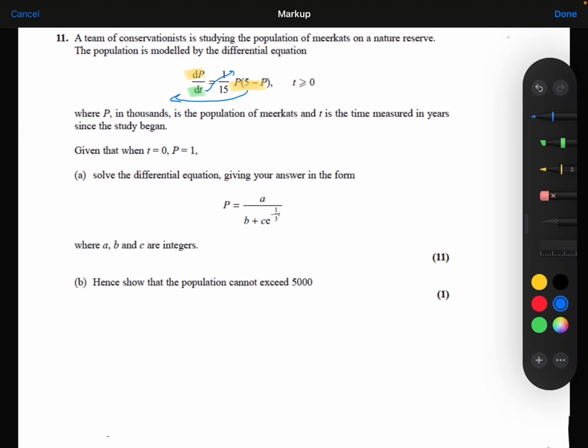The 1 over 15, I'm going to leave that where it is for now. So that's going to give me 1 over p times 5 minus p dp equals 1 over 15 dt. Now I want to integrate both sides.